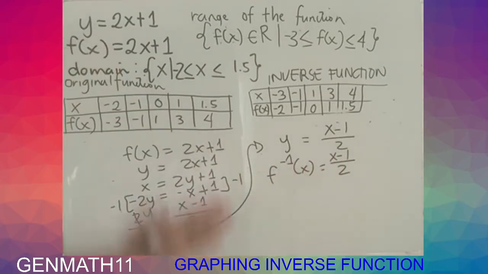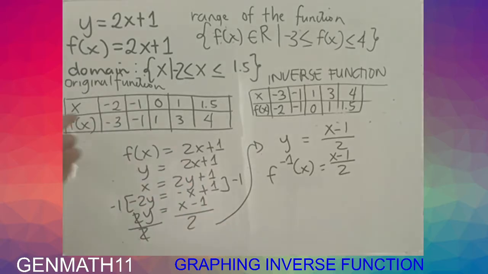So, yung ating function. Then, gamit yung ating original function and the inverse function, we will need to graph it on a Cartesian plane. Okay? So, we will use a digital graphing calculator para mas accurate yung ating graph.